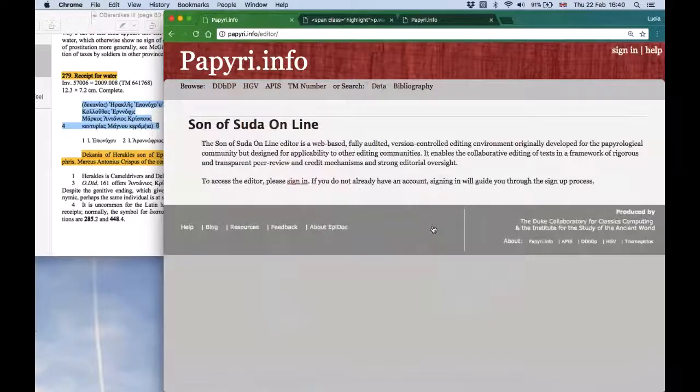Then to access the editing environment, we need to sign in. And this allows the contributions of each user to be clearly distinct, so that attribution is correctly preserved. Also, if you wish to continue your work later, in this way you can save your text in your space and then carry on from where you left off.